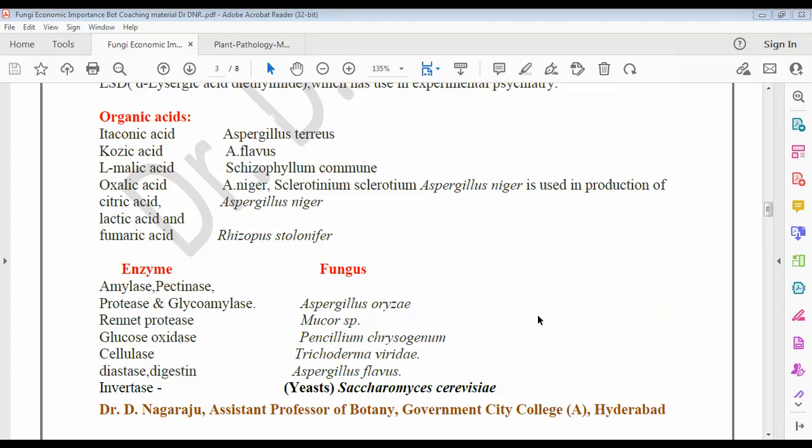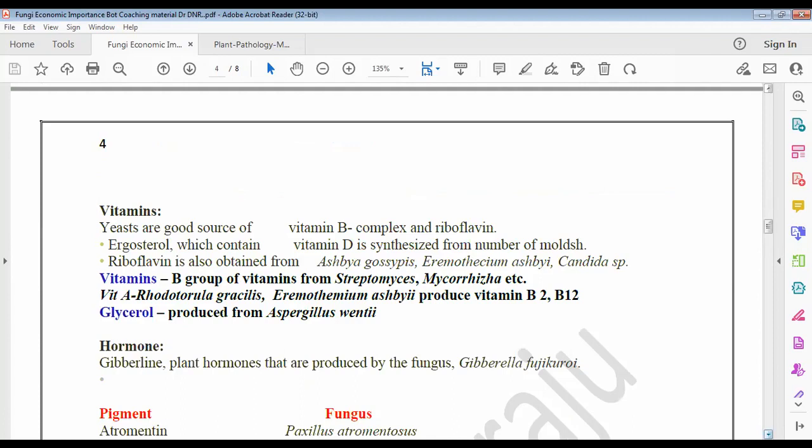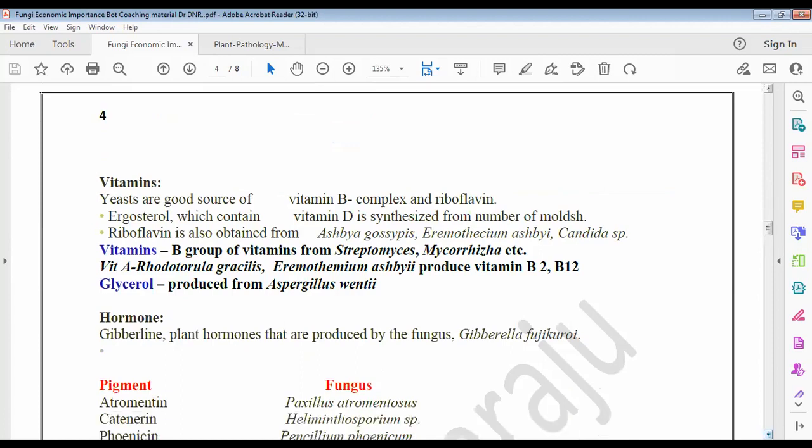Cellulase is a highly useful enzyme prepared from Trichoderma viride. And invertase enzyme is prepared using Saccharomyces yeast, Saccharomyces cerevisiae.